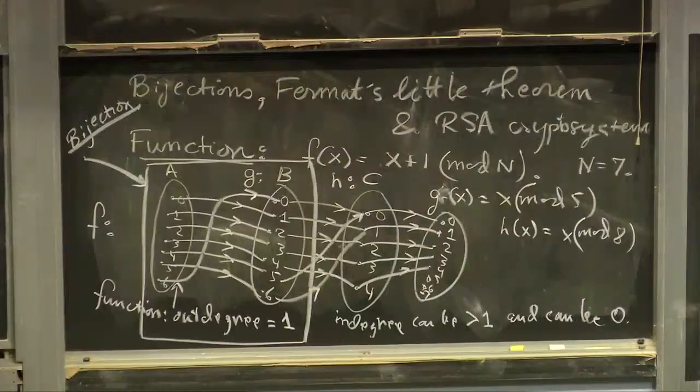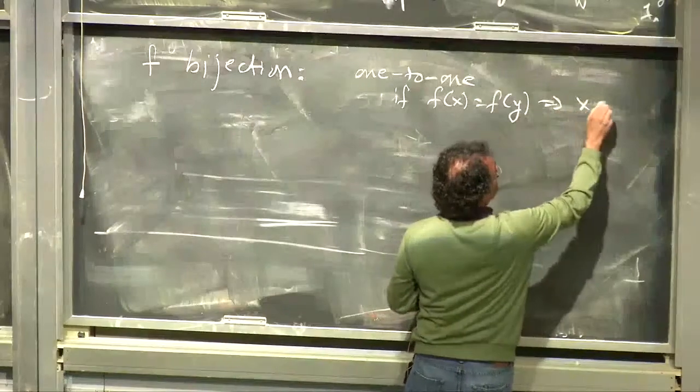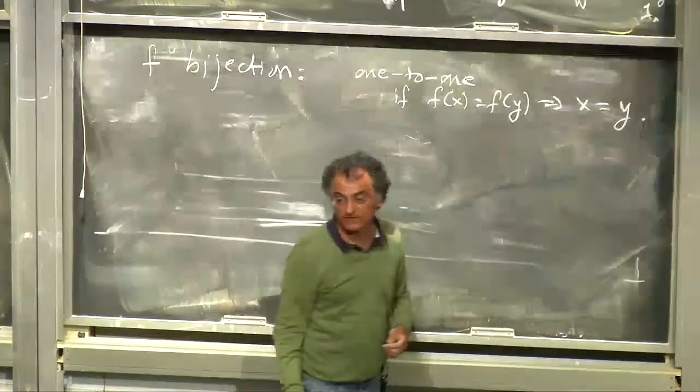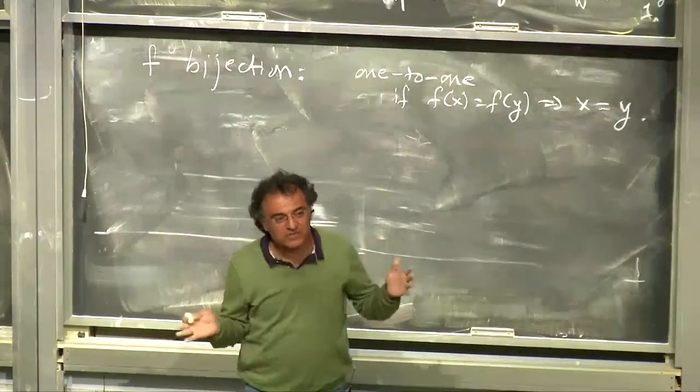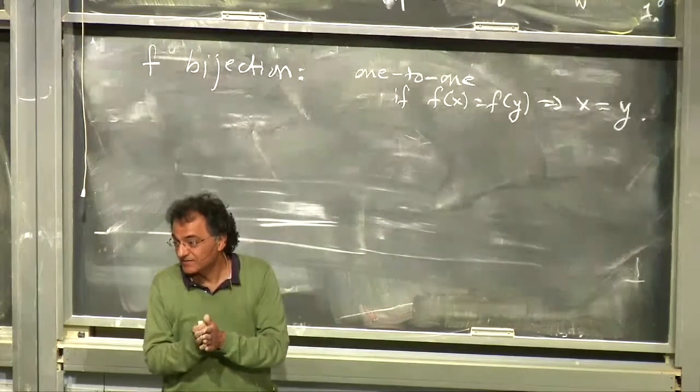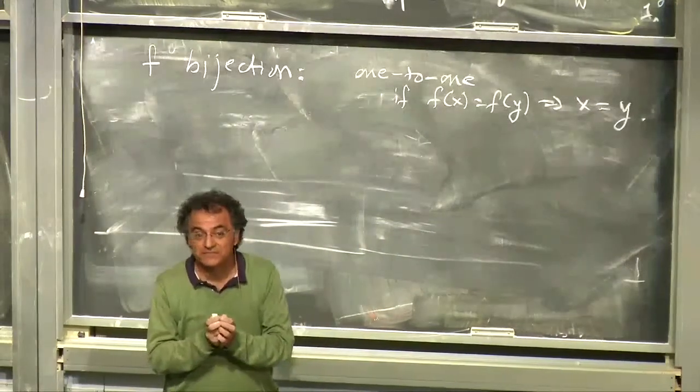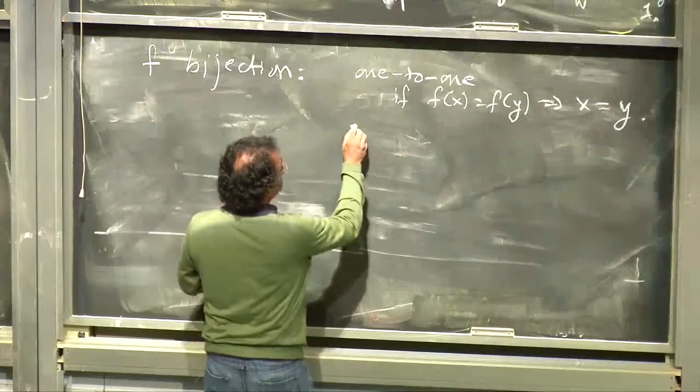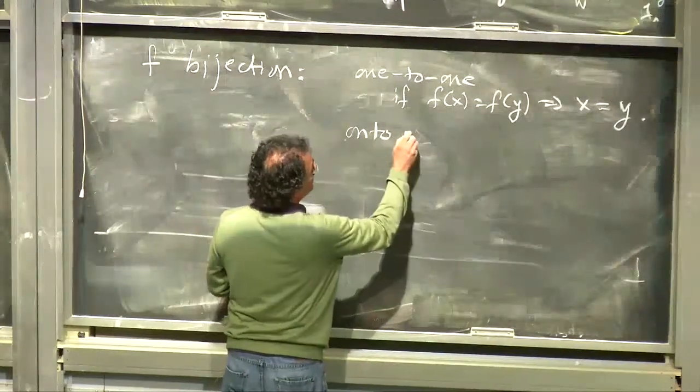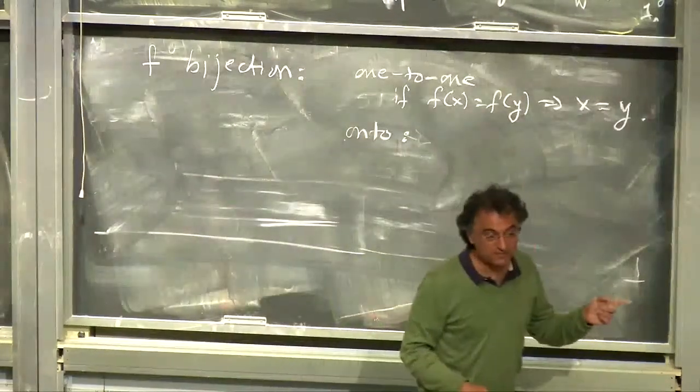And the way you say that is if f of x equal to f of y, then x must be equal to y. Right? If two things collide, there couldn't be two things. It must be the same thing. Right? So there are no collisions. Right? The other property is it's onto, meaning the degree must be bigger than 0.